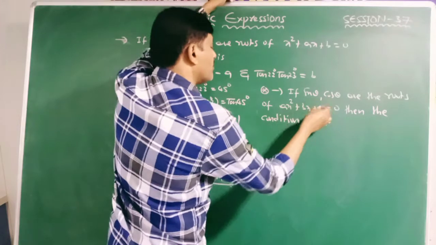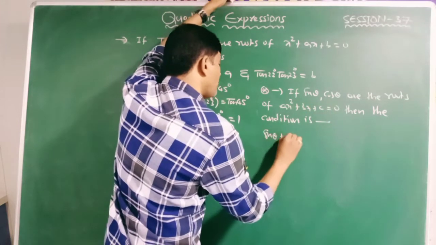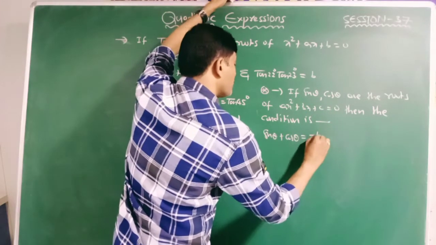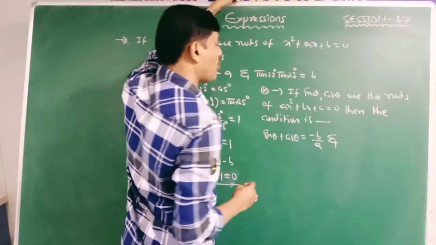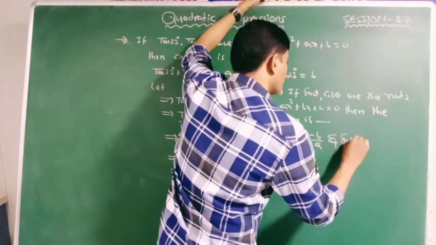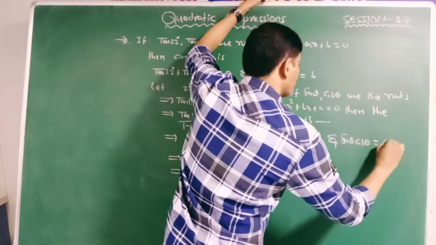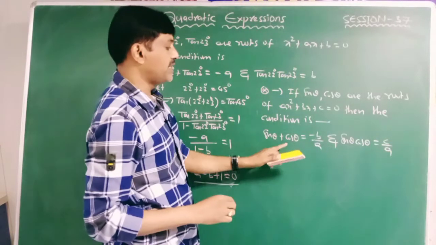Now write down the sum of the roots: sin theta plus cos theta is equal to minus b by a, and the product of the roots, sin theta cos theta, is equal to c by a. Now you have to eliminate this theta.